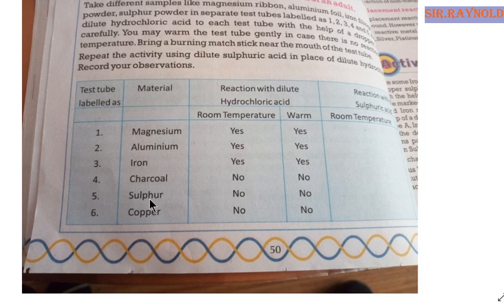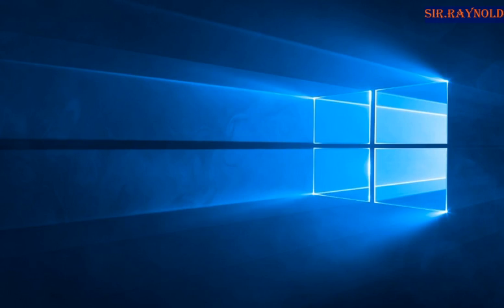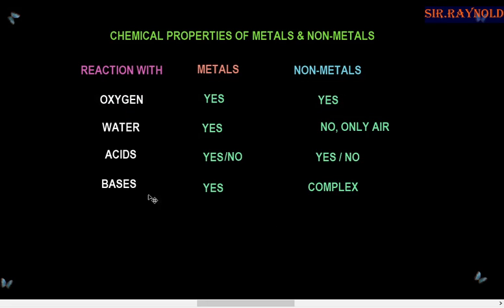Sulfur, which is a non-metal, does not react with acid, but some other non-metals do react, and some do not. So you can have a look into this picture to understand who reacts and who does not react with acid. Clear? Okay, good.